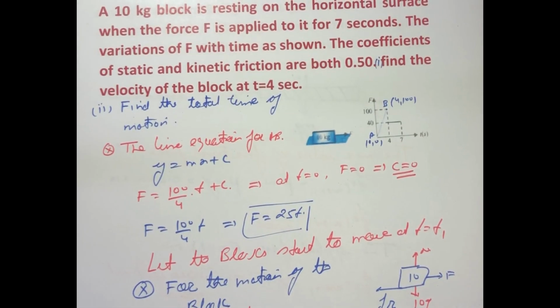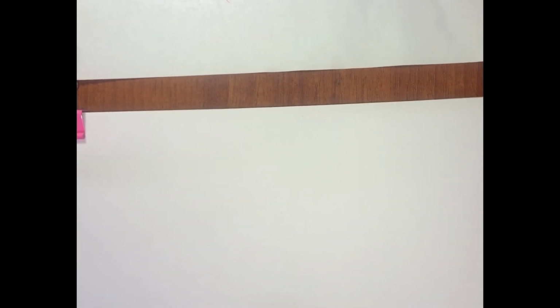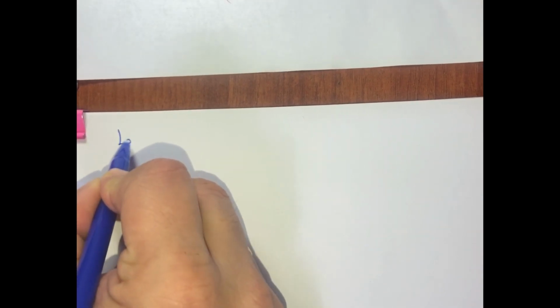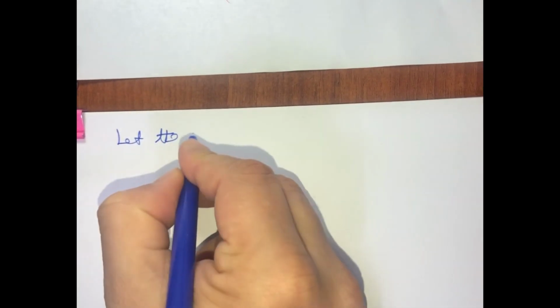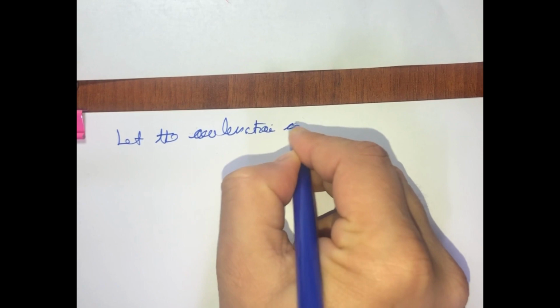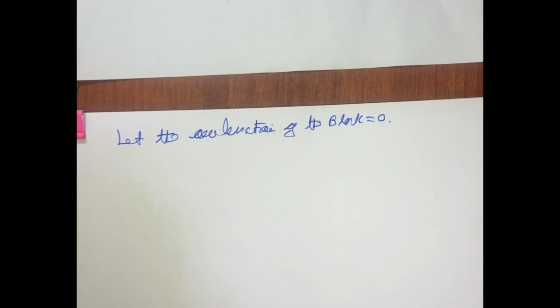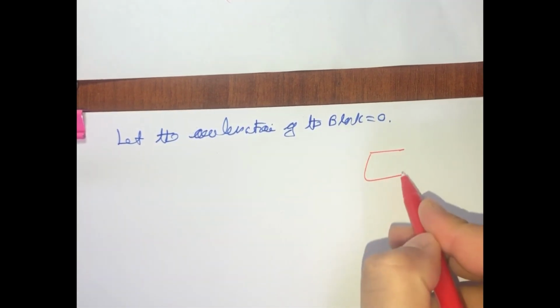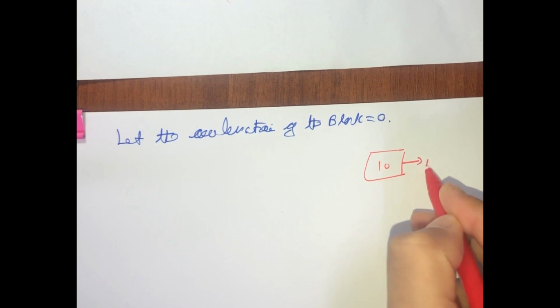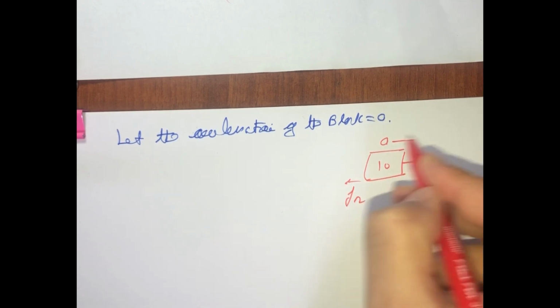Now let us suppose that as it starts to move, the acceleration of the block is a. This is the 10 kg block, force F, and the frictional force Fr, and with acceleration a it is moving towards the right.